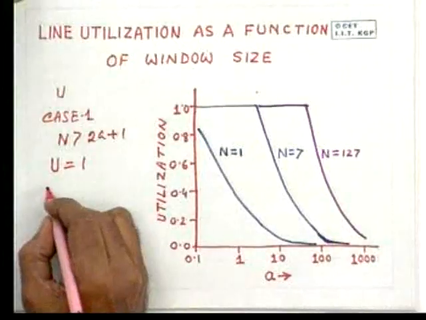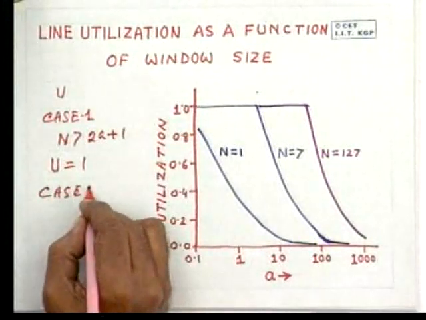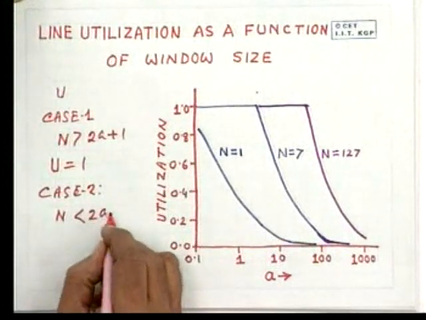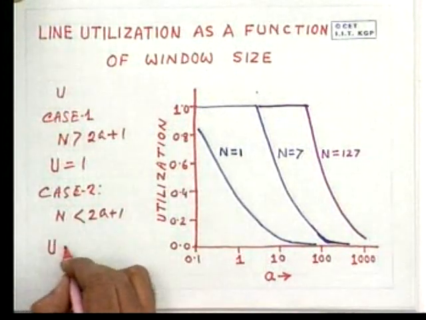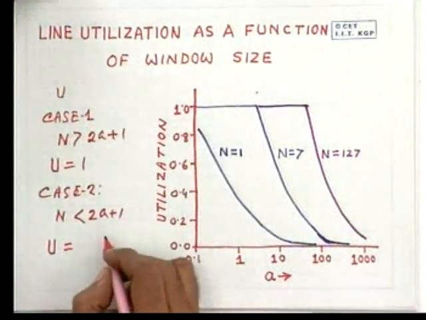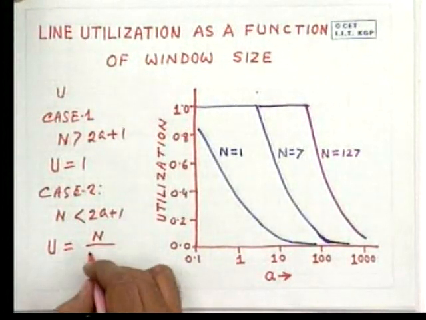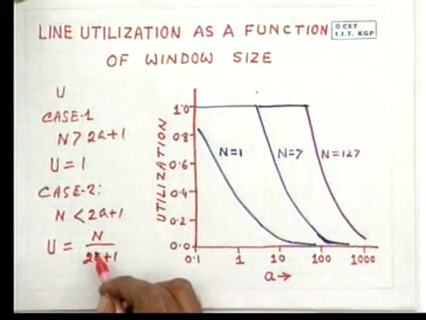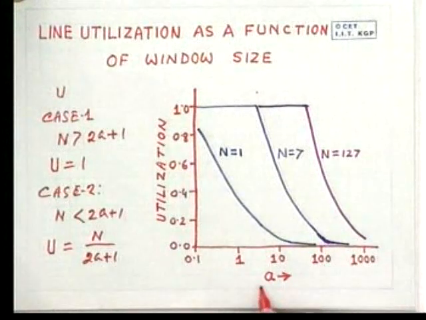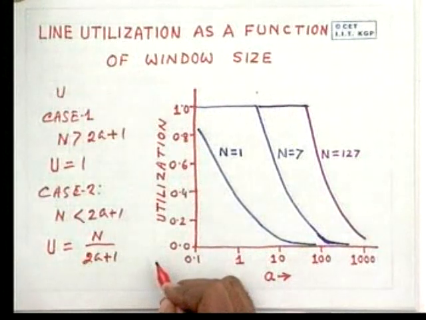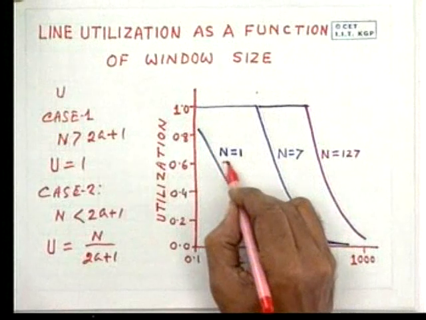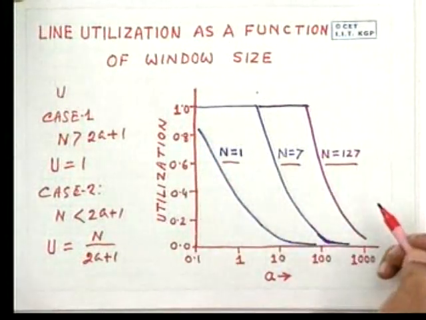On the other hand, for case 2, n is less than 2a plus 1, and utilization can be expressed as n by 2a plus 1. If we plot the parameter a on the x-axis and utilization on the y-axis, we shall get the curves for different values of window size as shown here.